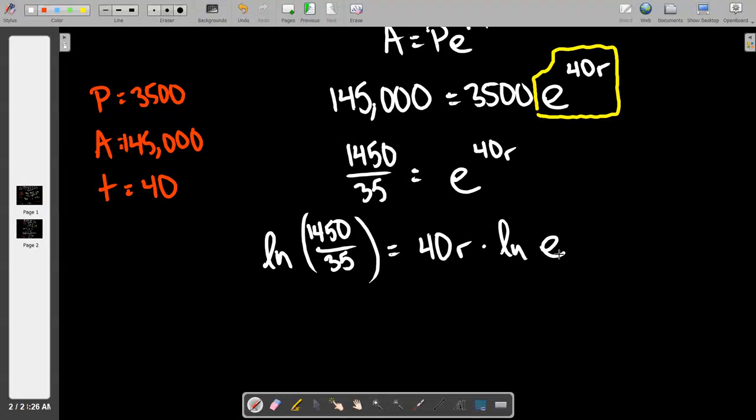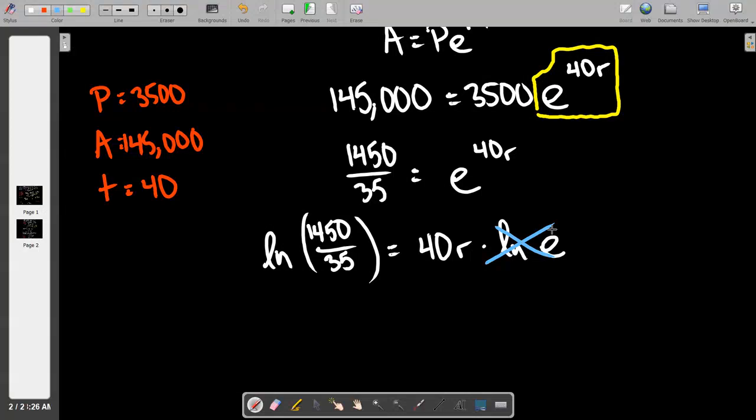Because the natural log of e is 1. Anything I can do to save myself from pushing more buttons on my calculator, sign me up for that. By choosing a natural log, I've effectively made this part pointless, and the algebra becomes a lot simpler. You should always use a natural log in any instance where there's an e involved.